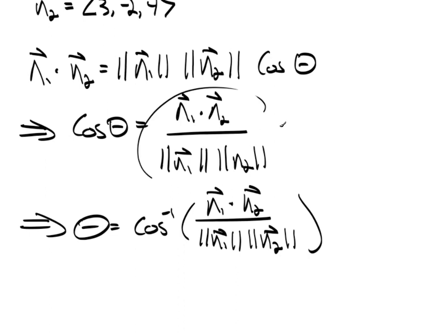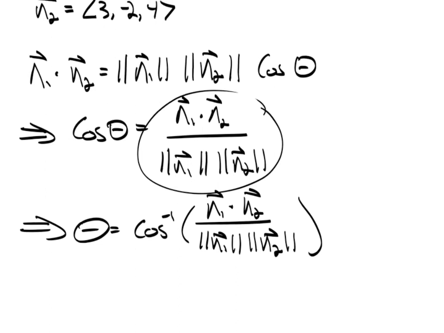And notice obviously that this is in fact a scalar. This is a number. A dot product gives me a number, and obviously I'm dividing it by two magnitudes, which also gives me a number.